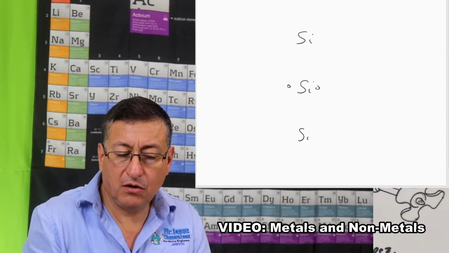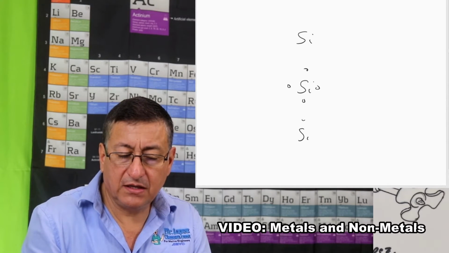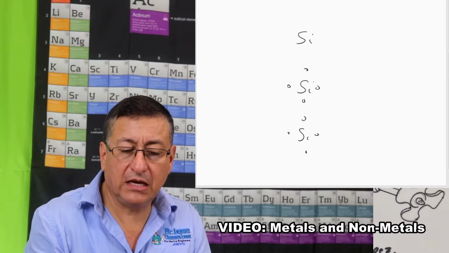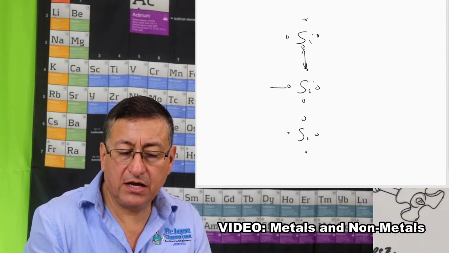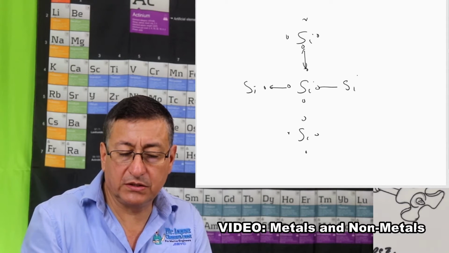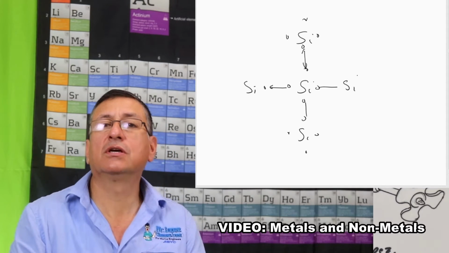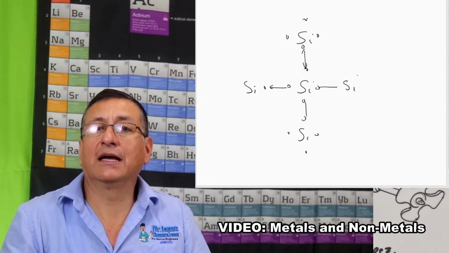Once again, all of them have 4 electrons in the last orbit, and they produce covalent bonds with the other ones and complete 8 electrons in the last orbit.